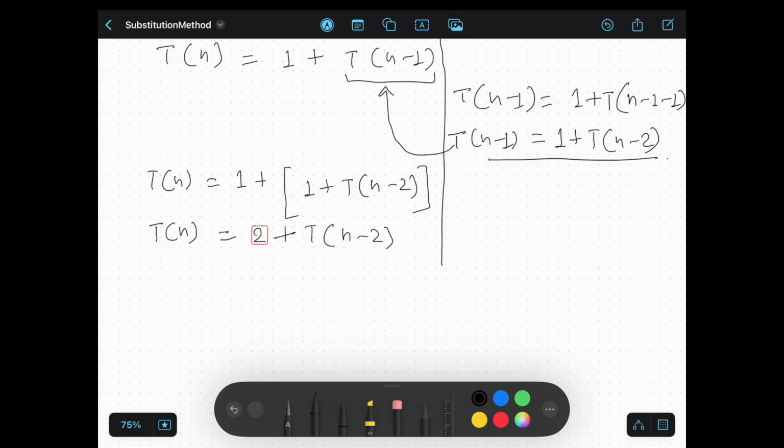We are going to do these steps a couple more times so that we know how the reduction is happening, and we try to find a generalized equation. So now let's do it for n minus 2. We substitute n minus 2 for every n, which will be n minus 2 minus 1.